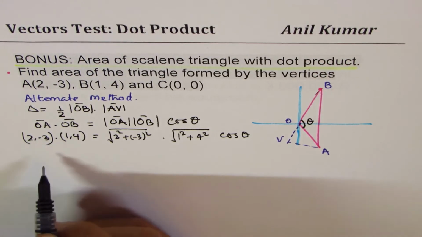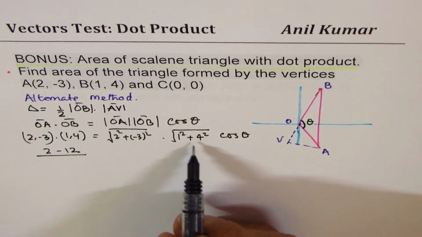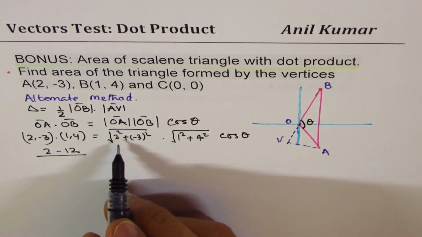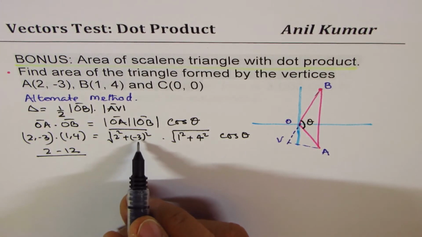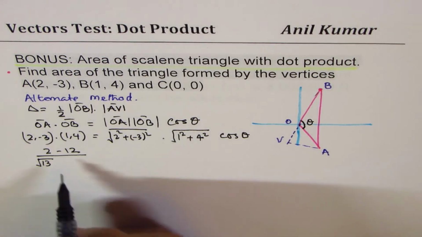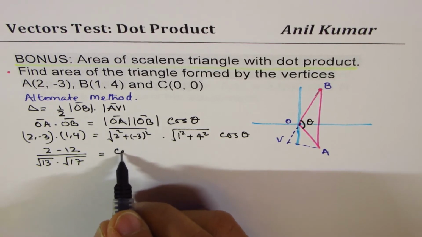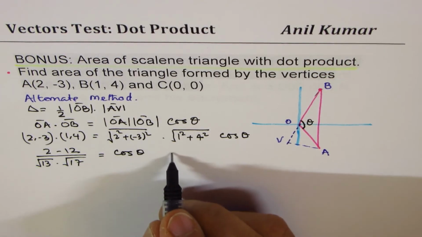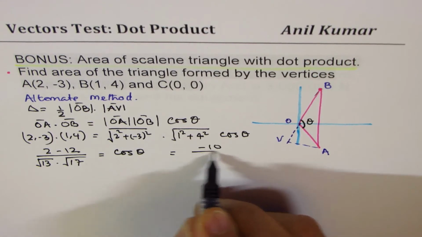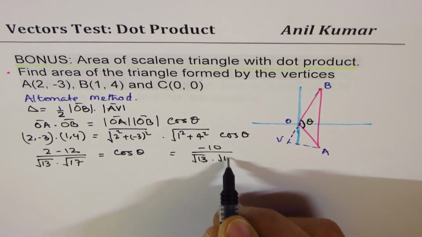Now this is 2 minus 12, just as we did last time. And we'll divide by these magnitudes, which is 4 plus 9, 13, right? And 1 plus 16, 17. And that equals cos theta, which clearly is minus 10 over square root 13 times square root 17.